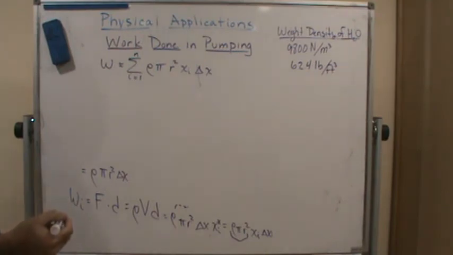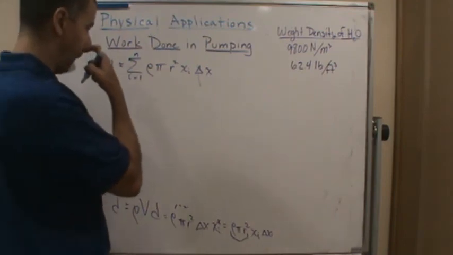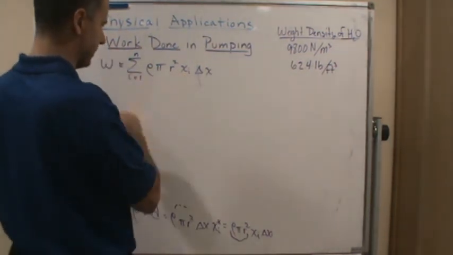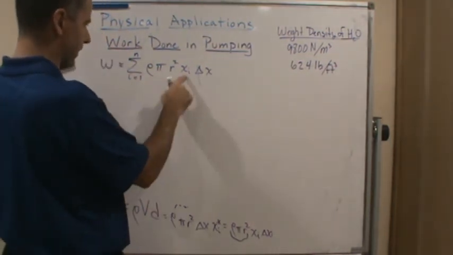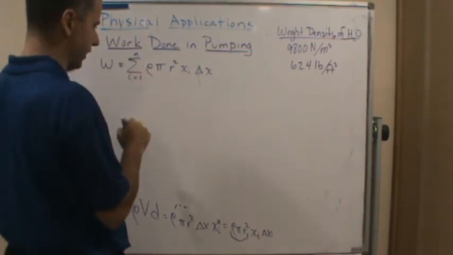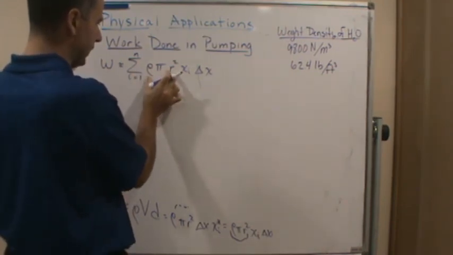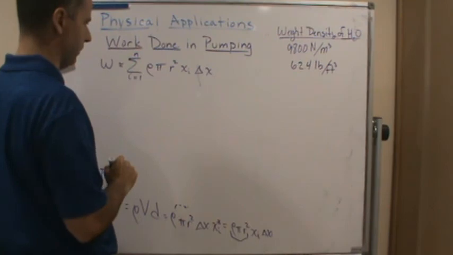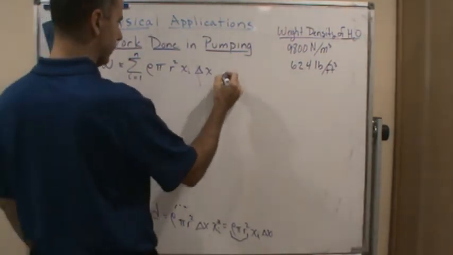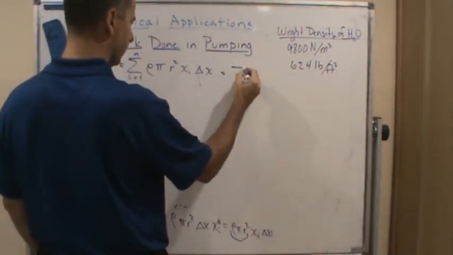Really, all of this is constant except for x sub i, because that's the only thing that has i in it. That's the only thing that's changing. Literally, we could take all of these out and write this as the sum.